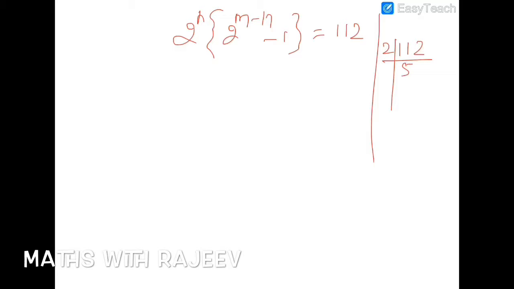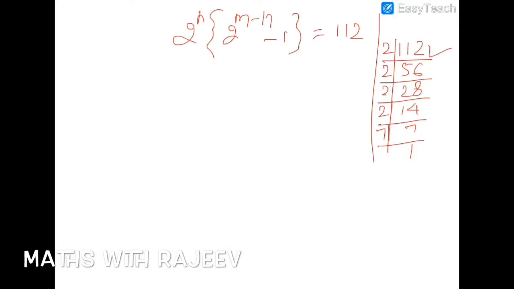So if I factorize 112, let's see what comes. 2 fives are 10, 2 sixes are 12, then again 2, 2 twos are 4, 2 eights are 16, again 2, 2 sevens are 14, again 2, then it is coming 7, and again 7, then it is 1. So the factorization of 112 gives you 2 power 4 into 7.